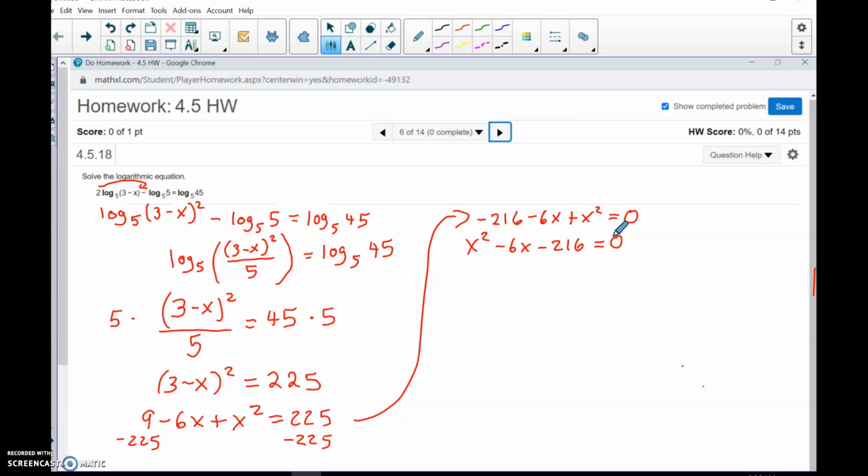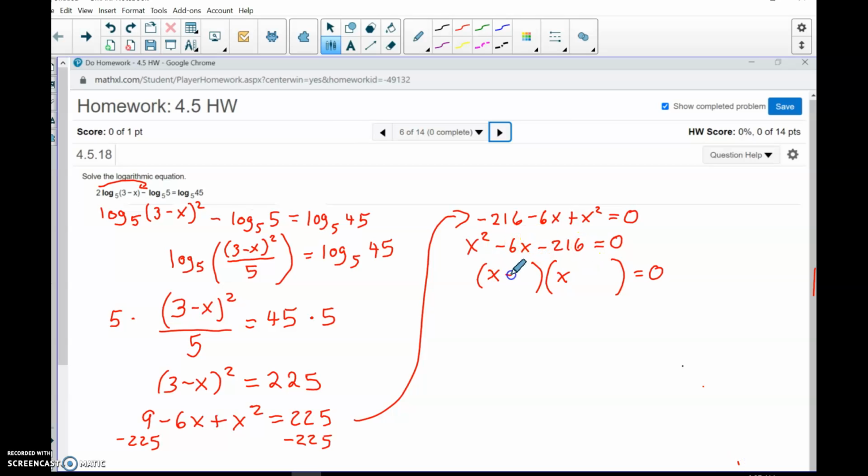And then I'm going to go ahead and factor. So I need two things that multiply to negative 216 and add to negative 6. Okay, so 216. Well, playing around a little bit, I found 12 goes into this 18 times. And 18 and 12 are 6 apart.